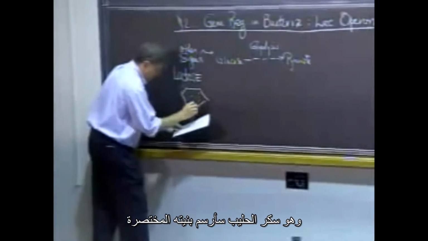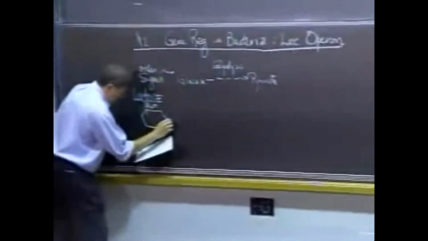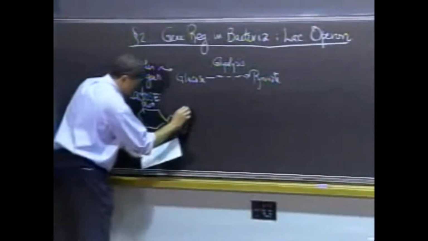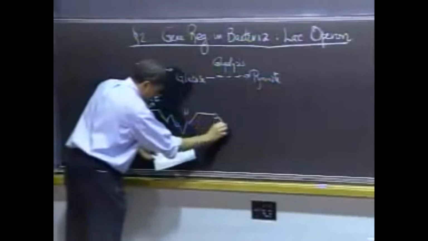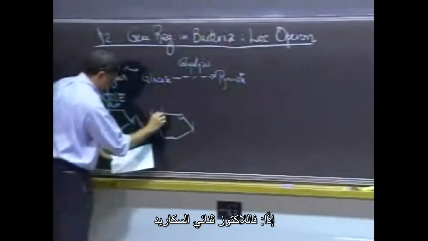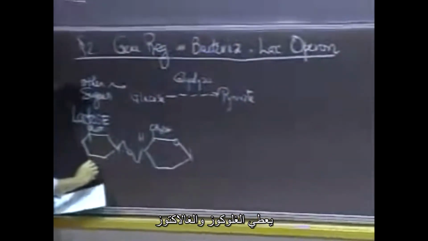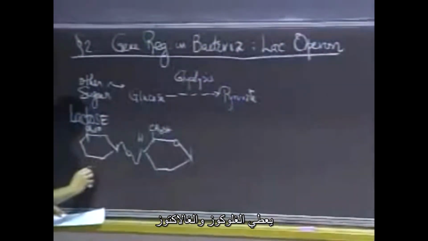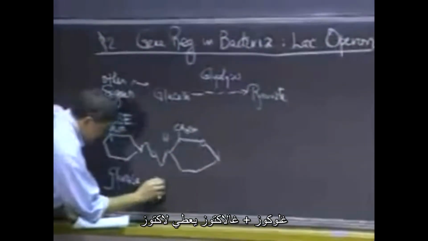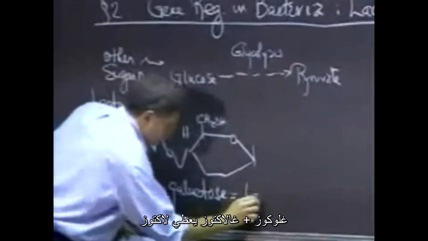And I'll just briefly sketch. So lactose is a disaccharide where you've got a glucose and a galactose. Glucose plus galactose equals lactose.